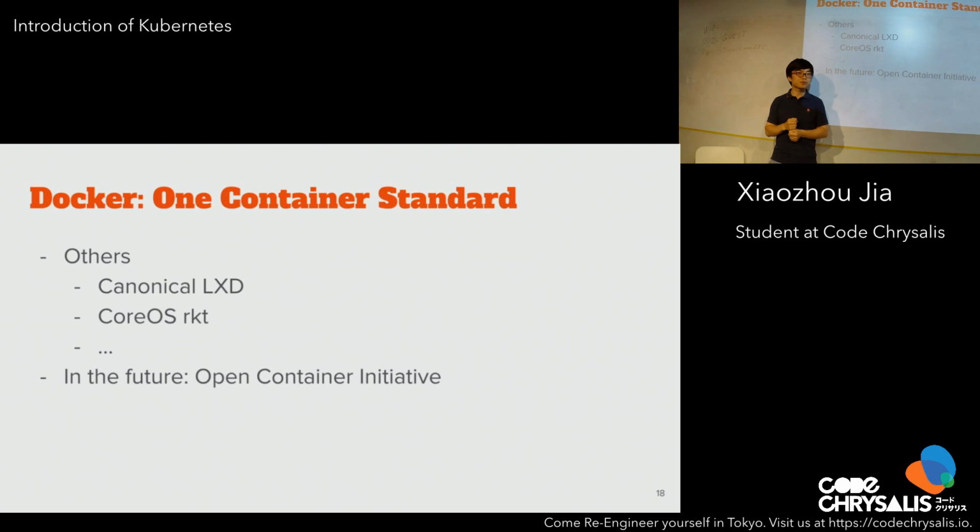So hopefully, in the future, we will have a situation where we have only one way of defining containers. But I have never seen people working with containers that are not Docker in real life. So yeah, I would say Docker is really the most popular technology when we are talking about containers.